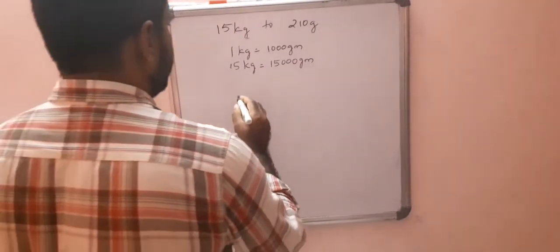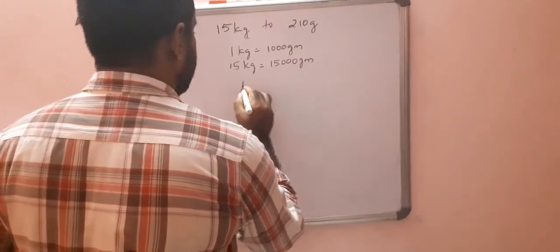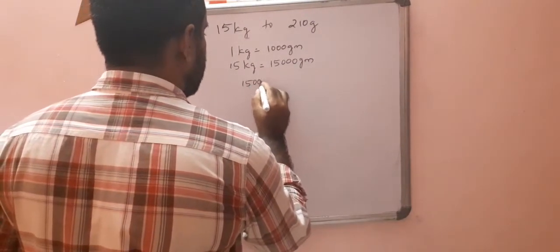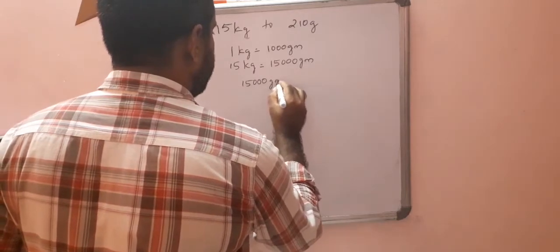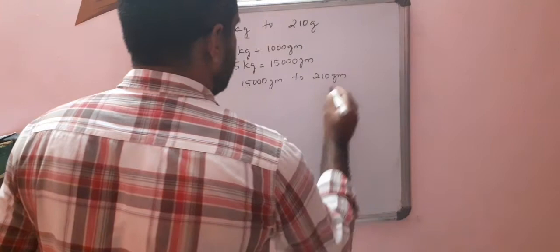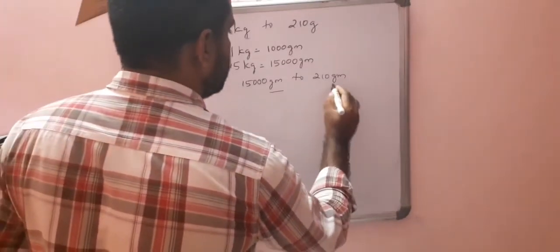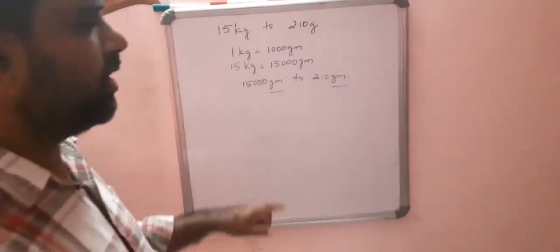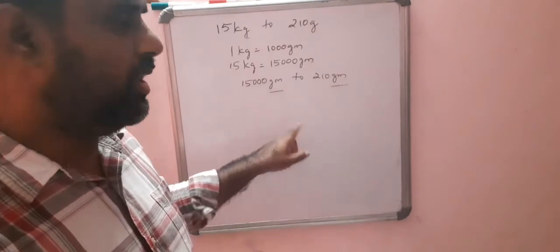How can we write it? We can now write it as 15,000 gram to 210 gram. Now you can see both have the same unit, so we can find the ratio easily.